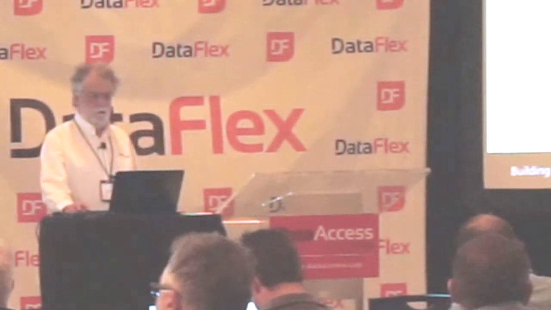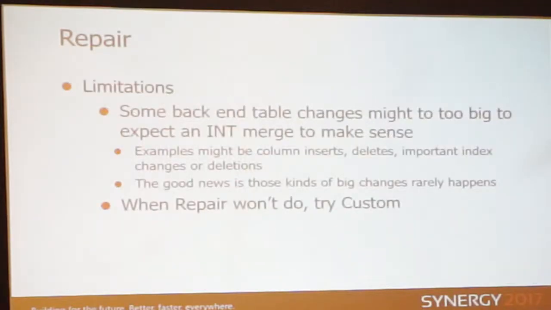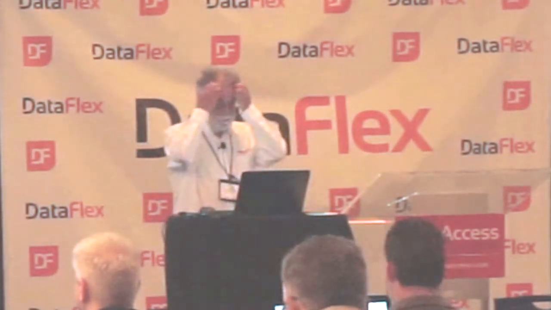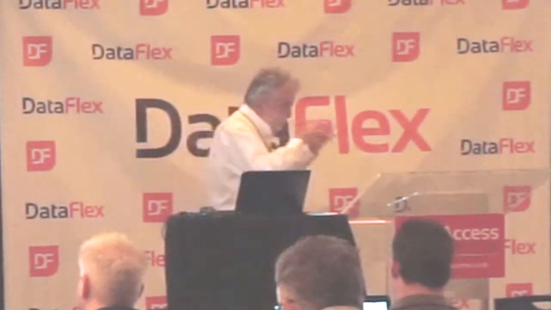When all else fails, you go to custom. Actually, we've skipped repair, but I talked about it. The limitation is that some changes can be severe enough that repair won't do, so you use custom. Think of custom as just super repair. With connect, refresh and repair, the items it lets you change when you run these wizards are the items it thinks it should let you change.